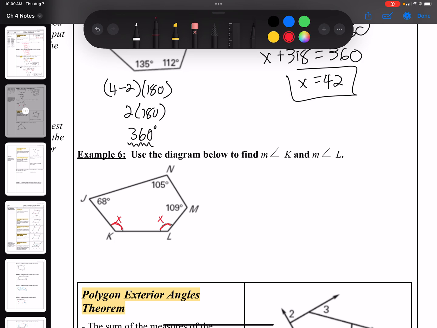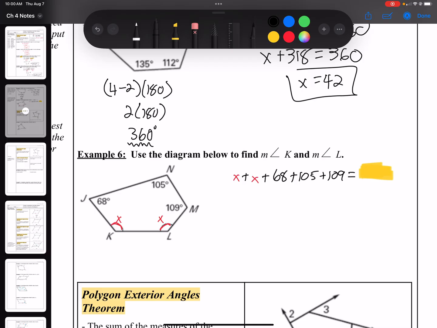Because again, I know I have the x, I have the other x, and then I have all those other angles. I have, and the order doesn't matter, 68, 105, 109. I know they're going to add up to something, but I need to figure out what to put on the right-hand side of that equal sign. Well, how can we do that? It's number of sides minus 2 times 180.